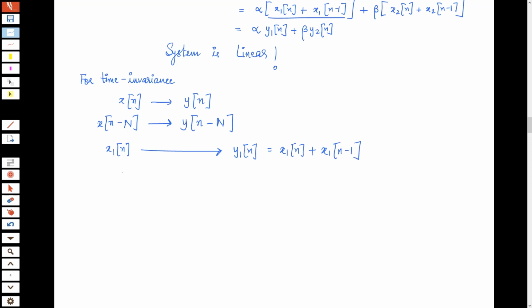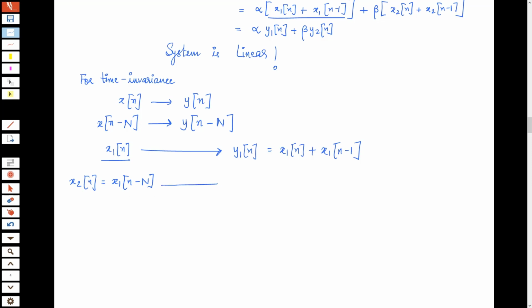This is known. Now let us shift this signal by an amount capital N. Let me call that a new signal x2[n], and this is x1[n-N].